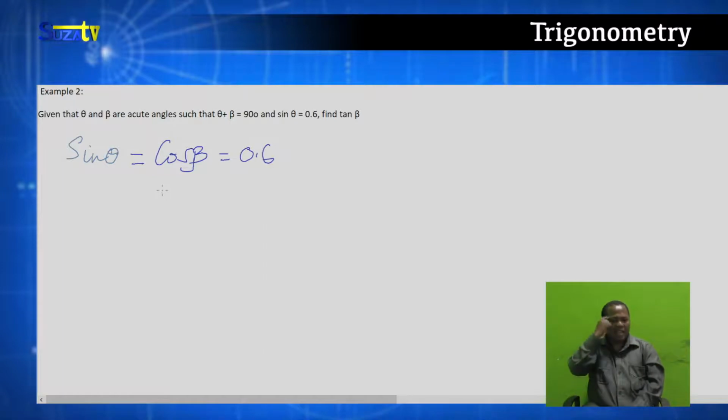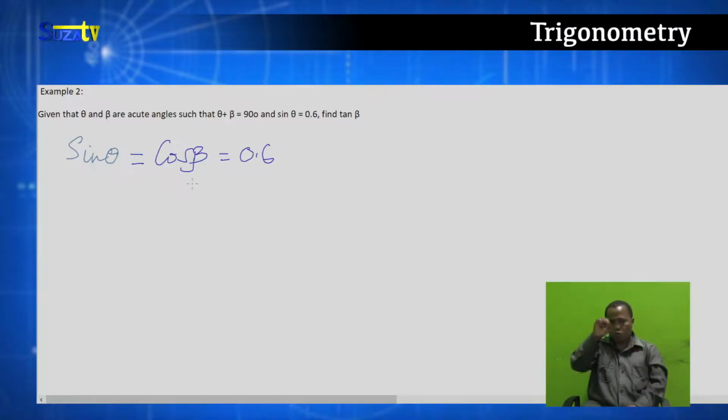I think you can remember from the start of our lesson in trigonometry, we discussed that one of the relationships obtained between these trigonometric ratios, I mean sine and cosine, is that sine of angle A is equal to cos of angle B if and only if these two angles A and B are complementary angles.